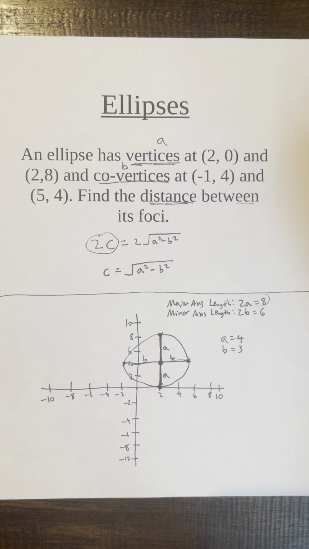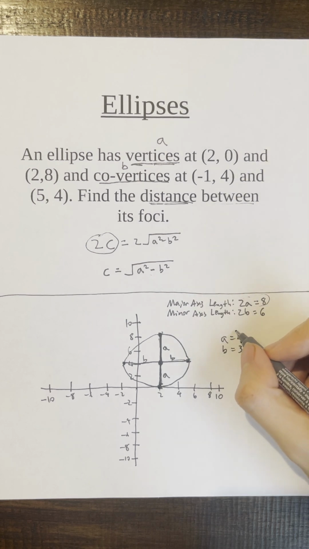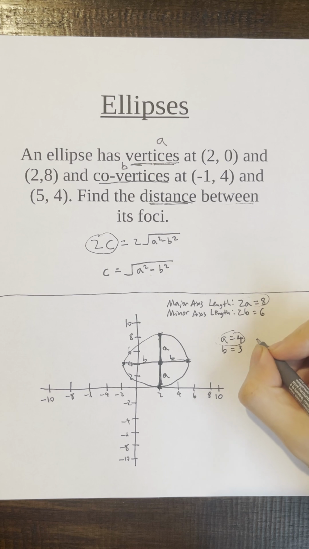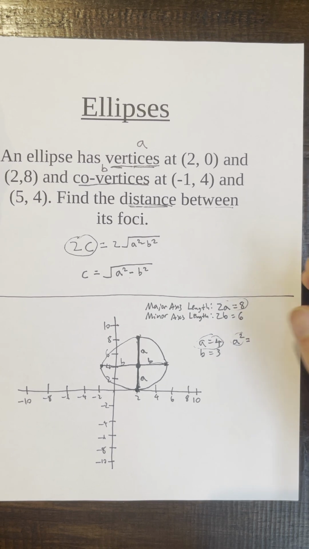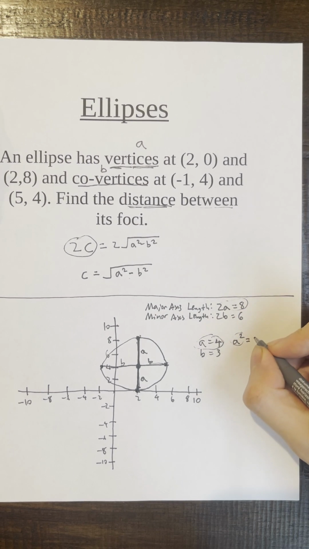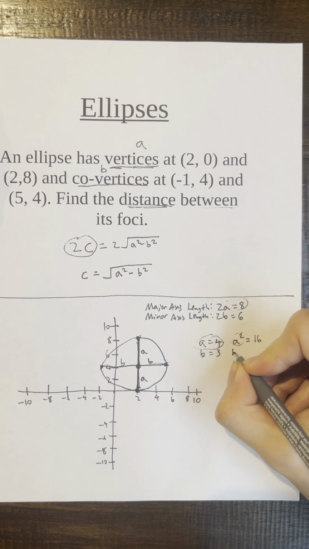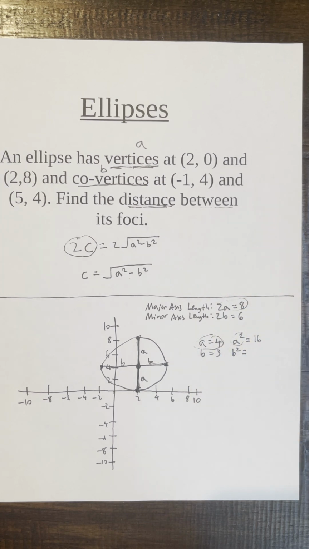So how do we do that? So to get A squared, I can square both sides of this equation. So if I square this side and get A squared, I need to square this. What's 4 squared? What's 4 times 4? 4 times 4 is 16. How much is B squared going to be equal to?